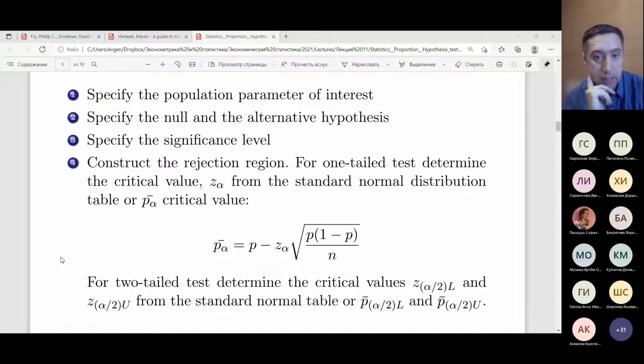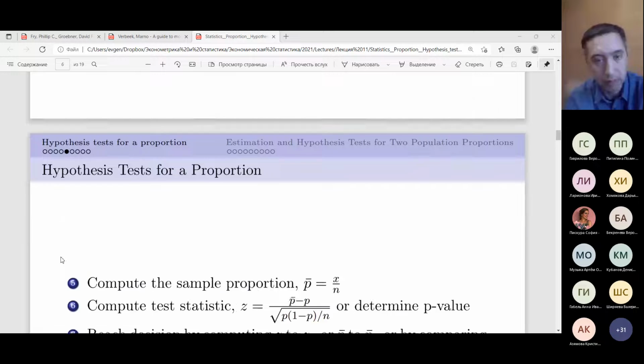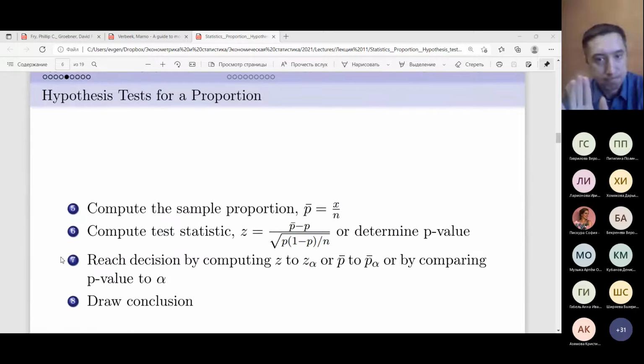First we can create a construct. So if we, for instance, run a test, we can find a rejection region using this formula. I will explain this formula in detail in my next slide. First let's discuss tests, not confidence intervals.